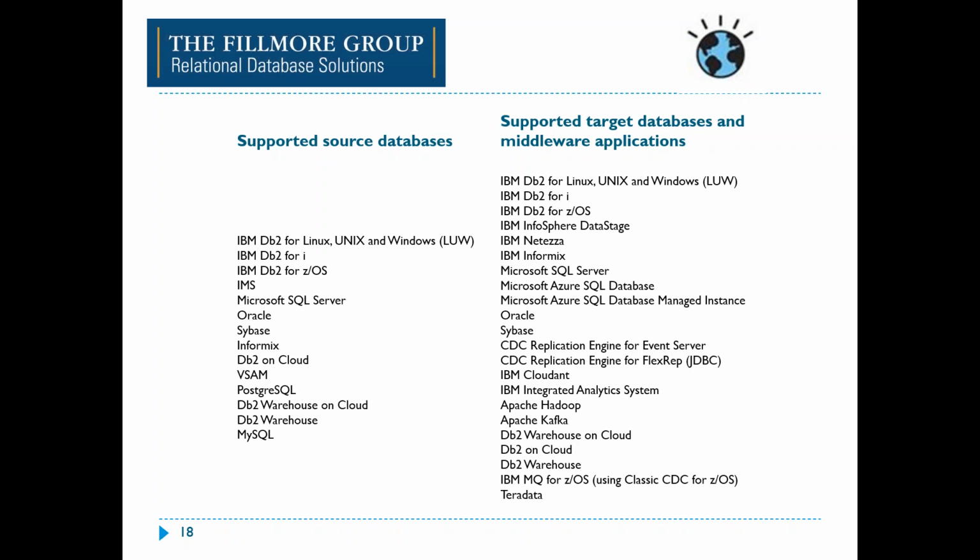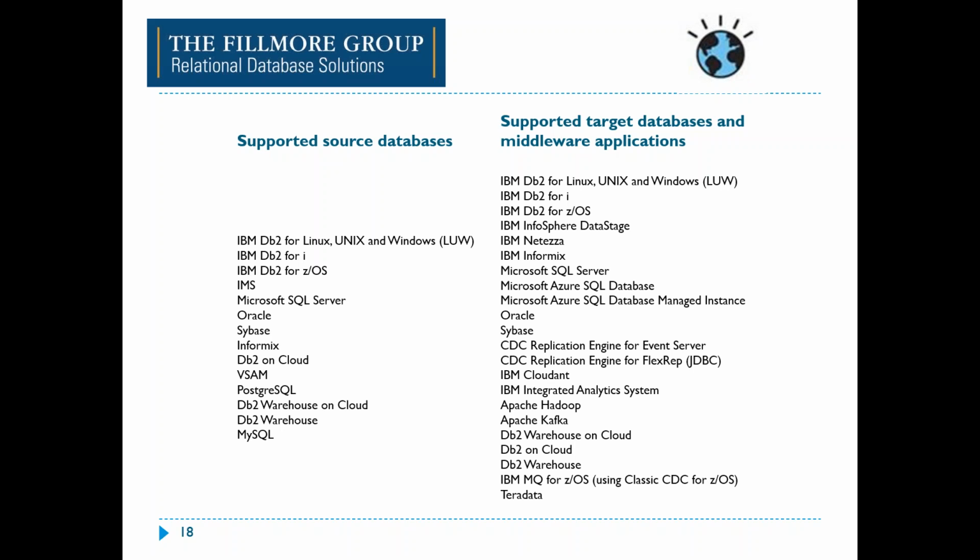So this can actually be used in your journey to cloud. I need to take data from off-prem data transaction systems and move them to a cloud data repository where we do analytics. One that I want to draw your attention to, which is in the middle of the targets, is CDC Replication Engine for FlexRep, which is a JDBC implementation, uses JDBC drivers, which means that if your specific data repository is not on this list, if it has a JDBC driver that it can access, CDC can drive that JDBC driver and move data into it.